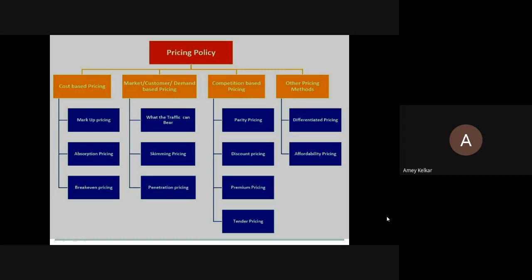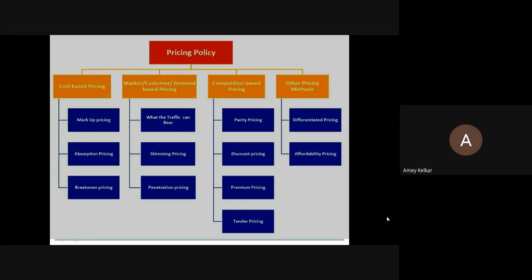And when we go on to competition-based pricing, the fourth one, tender pricing, becomes a very important aspect for us. Other methods are differentiated pricing. Differentiated pricing means for particular clients or customers, your prices are different; for other clients or customers, your prices are different. Affordability pricing means you come up with a product which should be affordable by everyone.